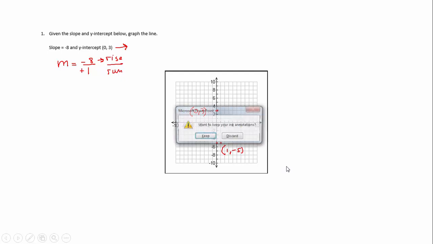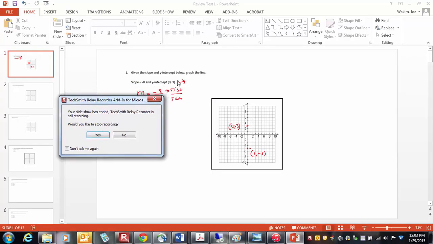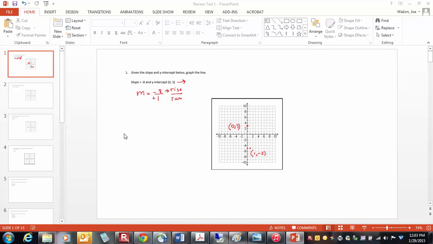Let me see if I can use the tools here to graph this line. And so let me join these line points here. So I'm going to graph the line here. So this is the line, and I can extend the line to cover the whole page.